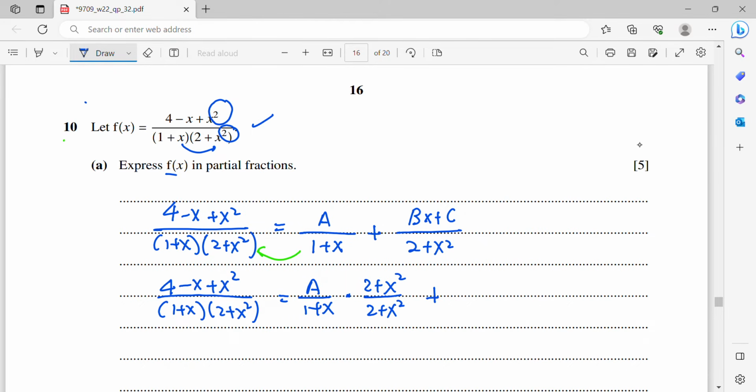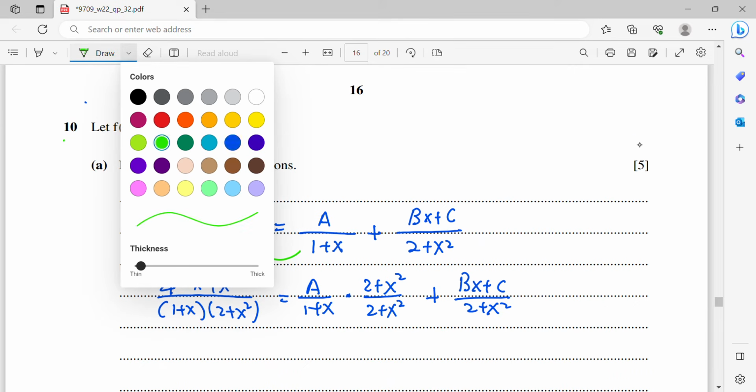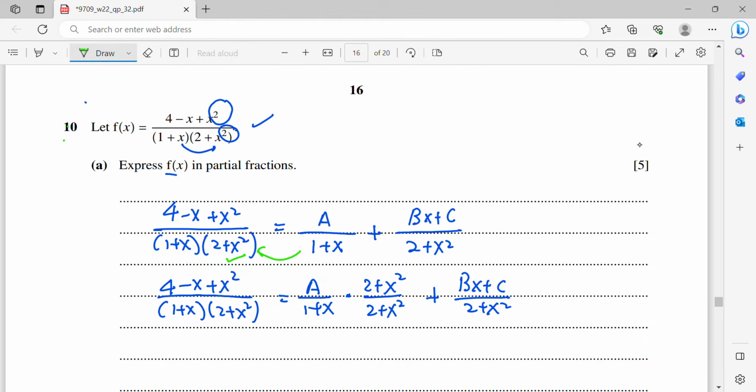Okay, then for the second term, Bx plus C over 2 plus x squared. When you compare with the left hand side, we have the 2 plus x squared already. That means we have to multiply by 1 plus x.